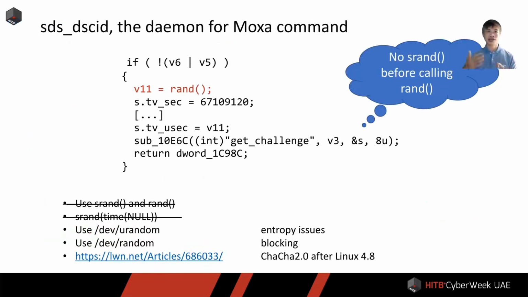We reversed SDS DSC ID and noticed that it's calling rand to get a random number, but there's no srand for the seed. It means that each time SDS DSC ID is restarted, or each time you reboot the device, the nonce repeats itself, and it matches our observation.